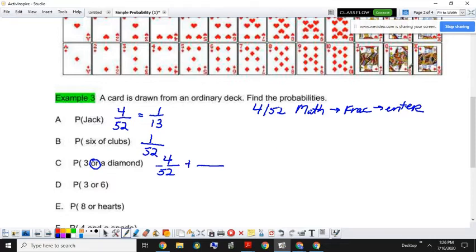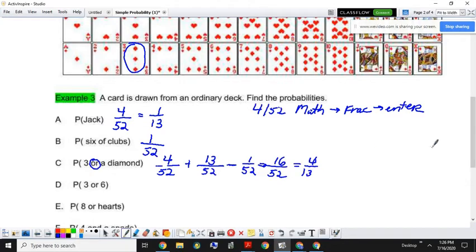Here are your diamonds, 13 out of 52, but I counted 1 twice. This one right here, so I have to subtract that out, and we'll talk more about that in the next video. But you have 16 out of 52 cards that are either 3s or diamonds. That simplifies to 4/13.